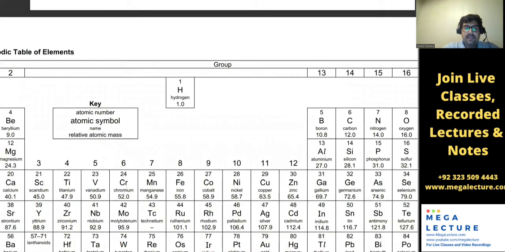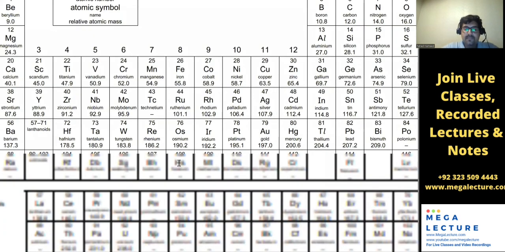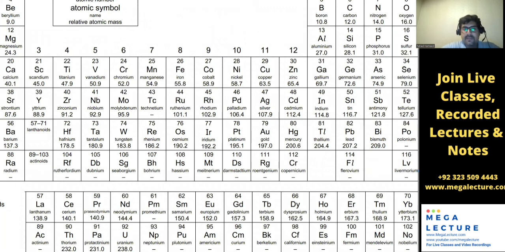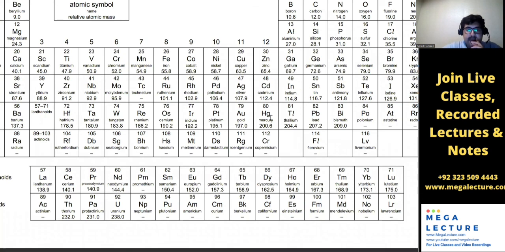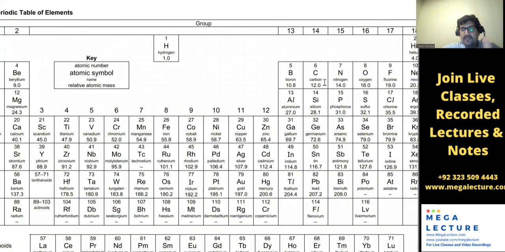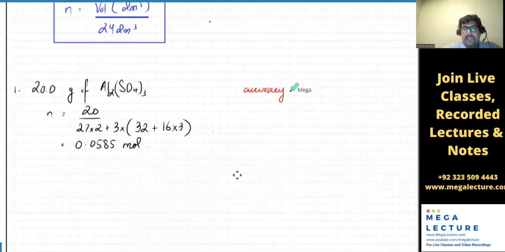It's mostly printed with the question paper or in between the question paper since 2022 now. Anyways, first thing, everyone knows that carbon is 12, but make sure you take the exact accurate value. For example, sulfur, if you do it by memory, is 32, but the real value is actually 32.1. So don't make the mistake in your paper by taking inaccurate values.